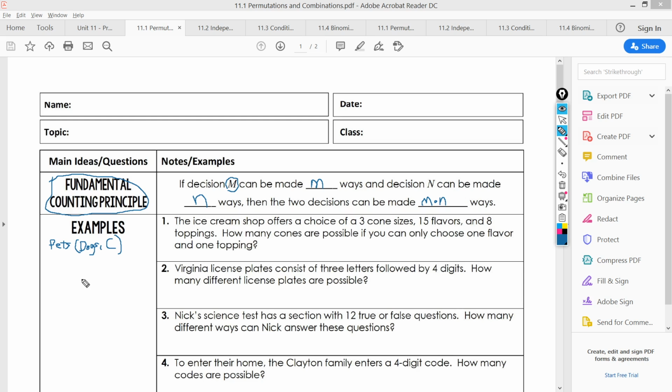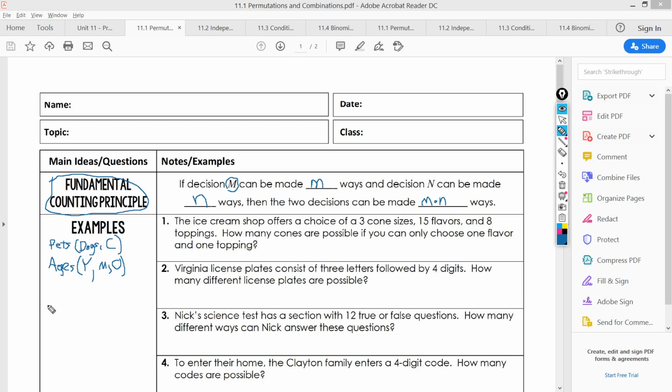Dogs and cats. And let's say that there are 3 ages, and they are young, middle, and old. Okay? So if I wanted to ask you, how many different combinations of animals can there be between pets and ages? The answer is 6, and I want to show you why that is.